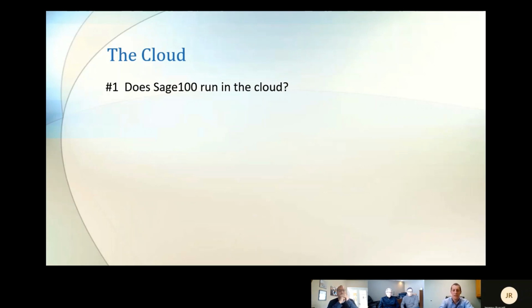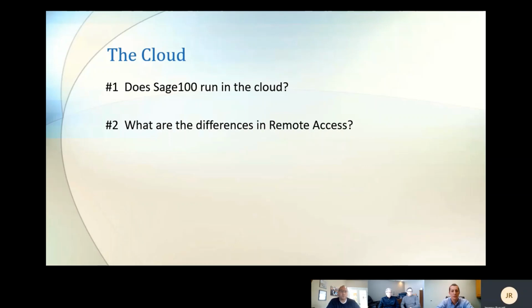Excellent. And Jeremy, I've got a question for you here, and that is basically, what are the differences in remote access? Yeah, and I think when we're specifically talking about Sage 100, the remote access really is RDP, Remote Desktop, from Microsoft as a solution.